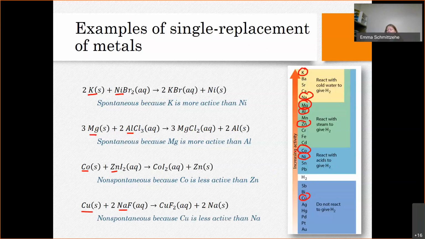Okay, so that really is a review from some chapter 5 stuff. And so that's just a really common type of redox reaction that is utilized. But it's not the only type. So remember, combustion reactions are also redox, and there's a lot of other forms that we've already looked at.